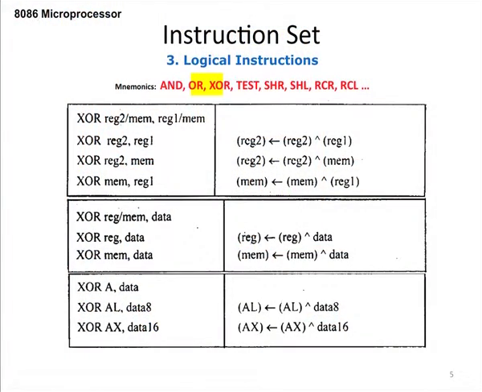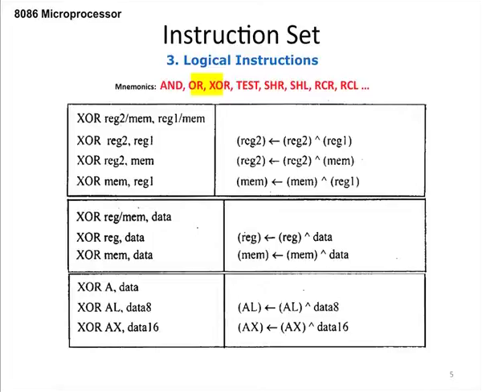The various instructions for performing the XORing operation in 8086 are XOR register 2, register 1. Again here the contents of register 2 will be logically XORed with the contents of register 1 and the result will be stored as the contents of register 2.